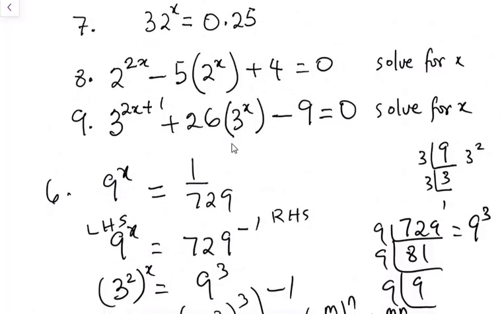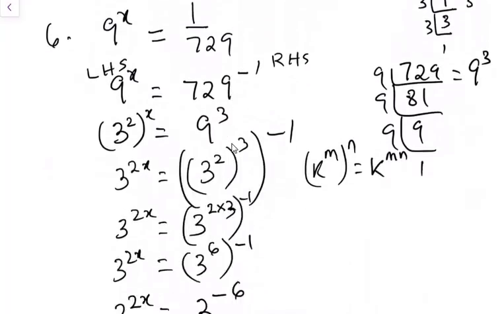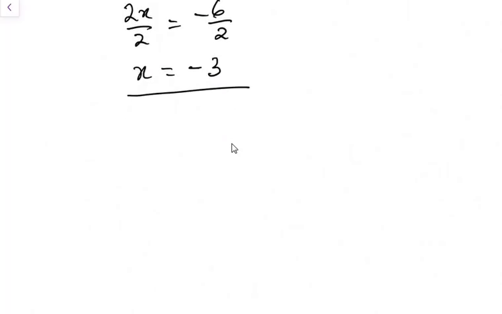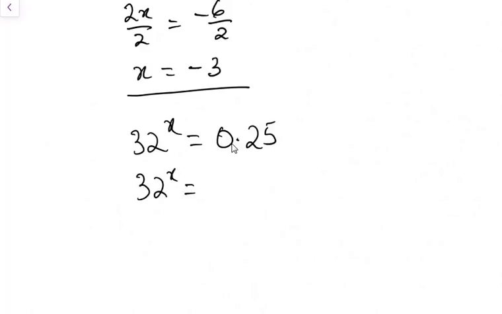We'll now take number 7, 32 raised to the power of x equals to 0.25. We can apply the same law, decimal to fraction and fraction to decimal. So we have 32 to the power of x and 25 over 100.